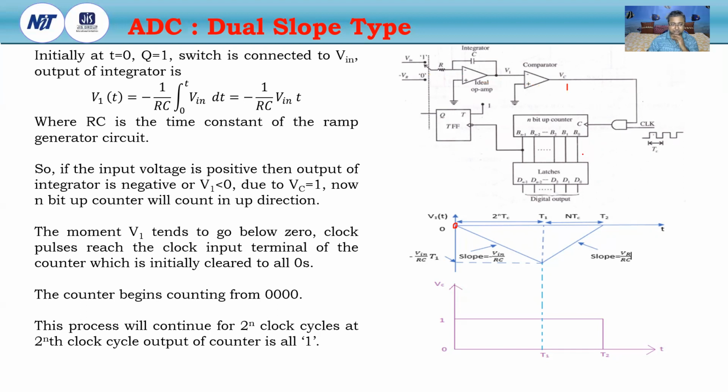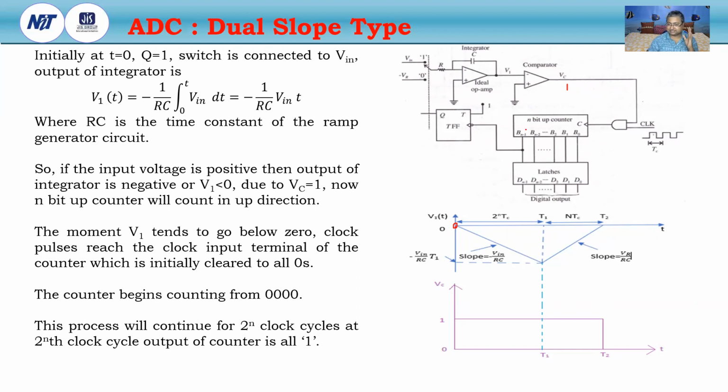As VC is equal to 1, now the n-bit up counter will count in the up direction. The moment V1 goes below 0, the clock pulses reach the clock input terminal of the counter, which is initially cleared to all zeros.